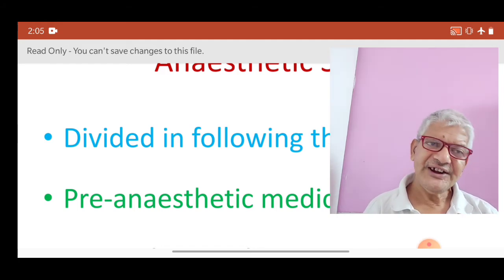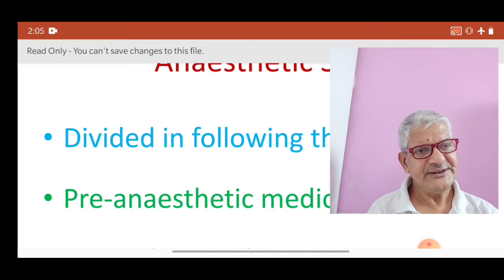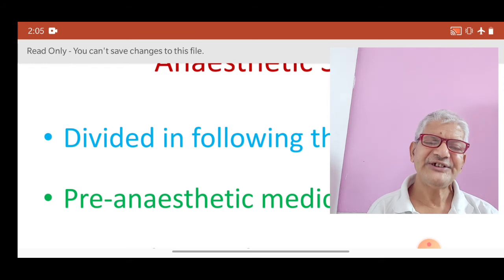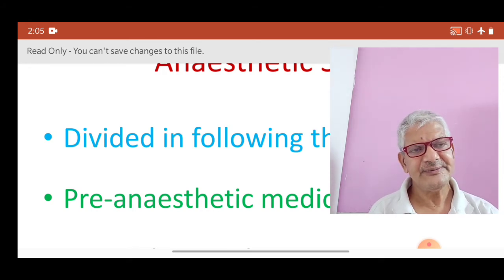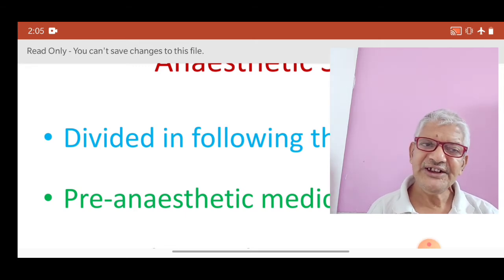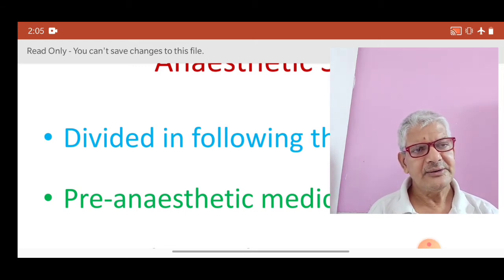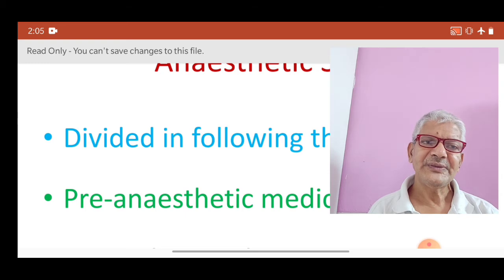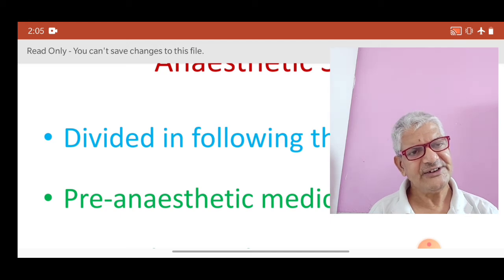Stages of general anesthesia can also be divided into 3 stages as per clinicians, as per physicians. And these stages are pre-anaesthetic stage, during surgical anesthetic stage, and post-anaesthetic stage.